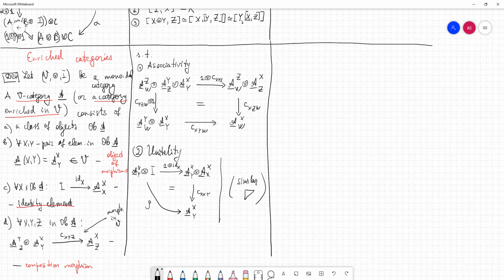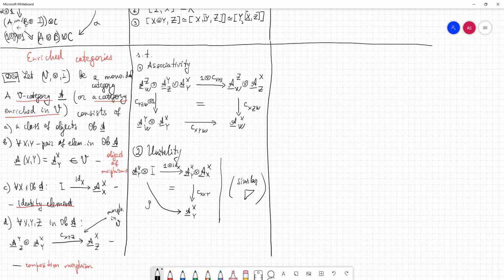First is the category where it lives, and then the actual arguments: the object where we start and the object where we land. Since they appear in big quantities, it's much more convenient to use Einstein notation, meaning that the domain of a morphism is a superscript and the codomain is a subscript. This allows us to draw more compact diagrams. So this was a definition of an enriched category.